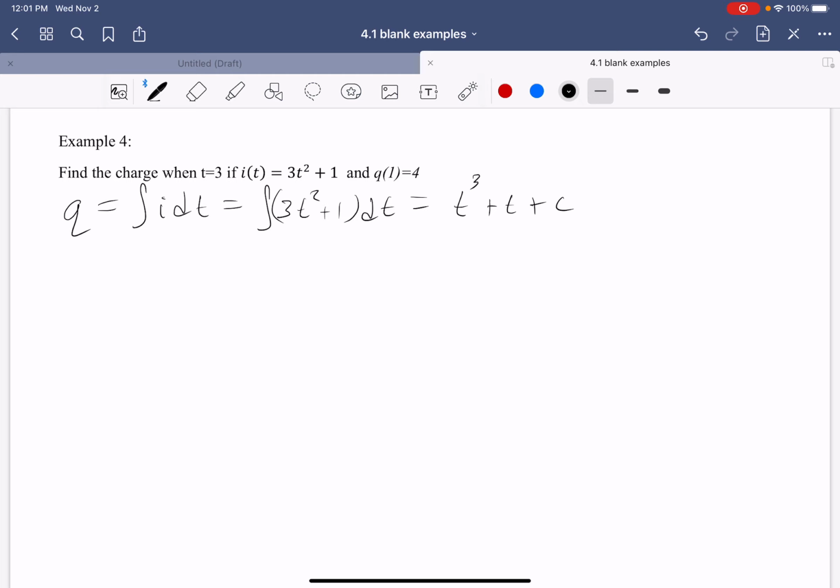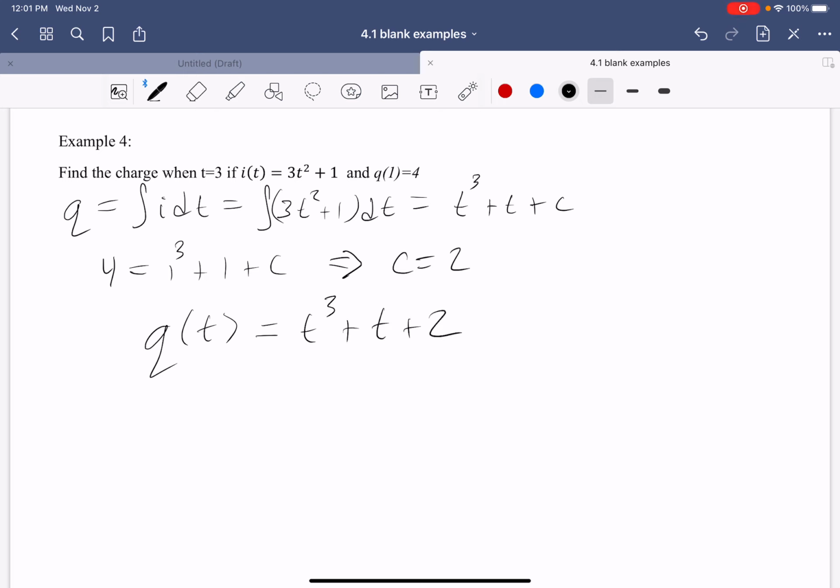And we know that 4 equals 1 cubed plus 1 plus c. So c equals 2, and the charge function is t cubed plus t plus 2.